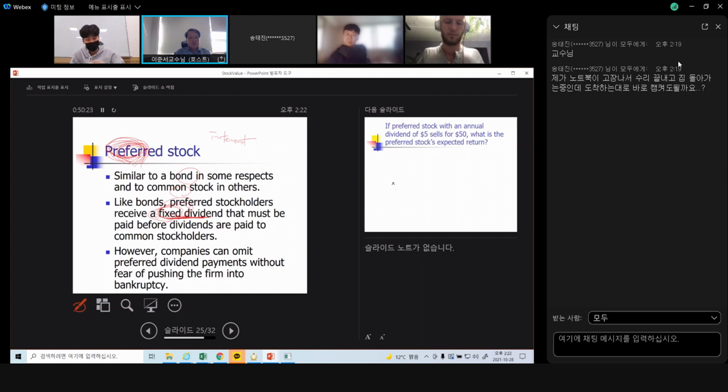Even if the preferred stockholders receive the dividend prior to the common stockholders, preferred stockholders do not have any voting right, as I told you.